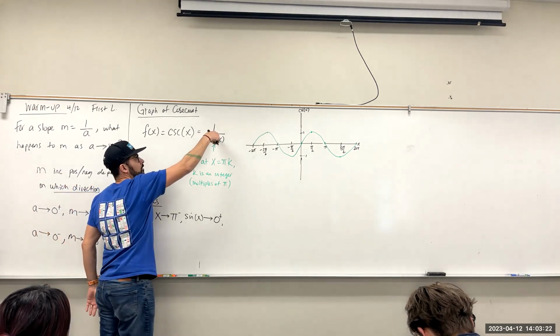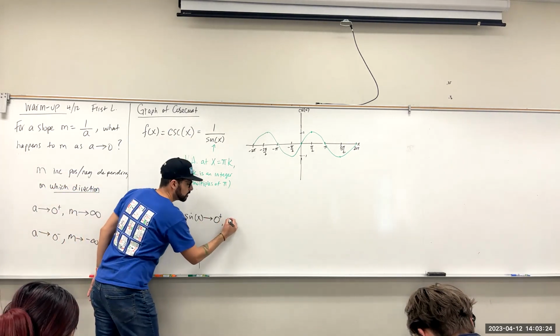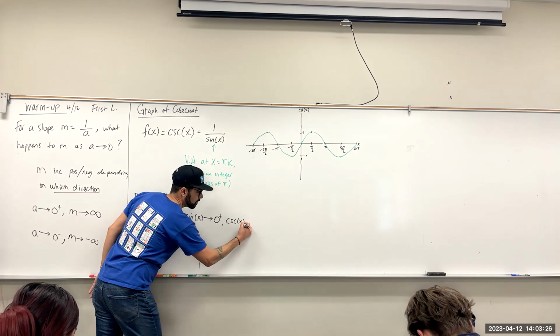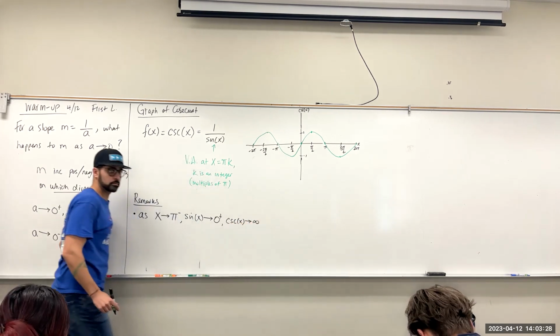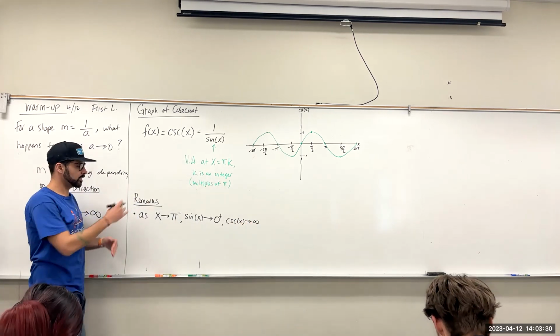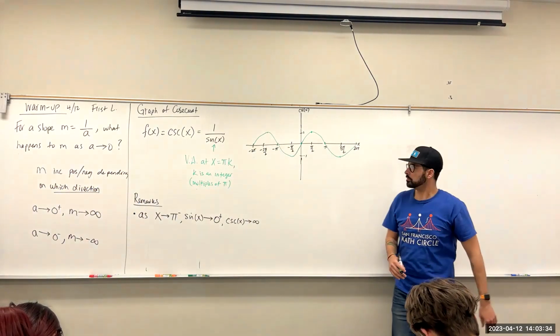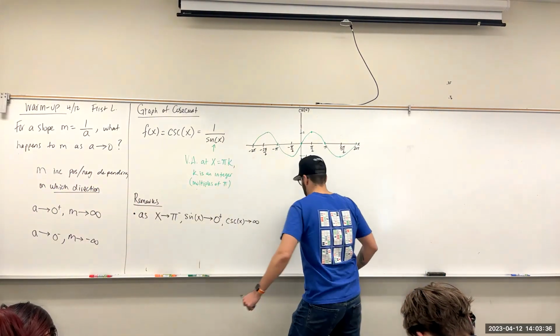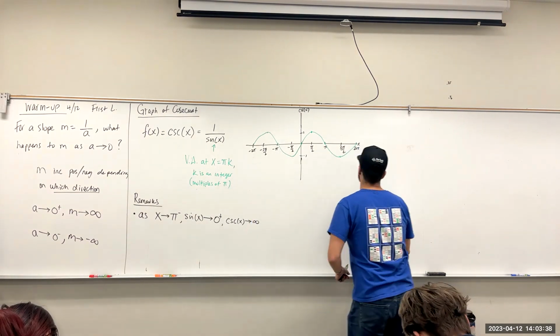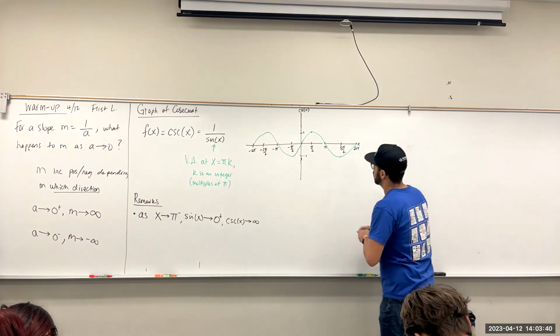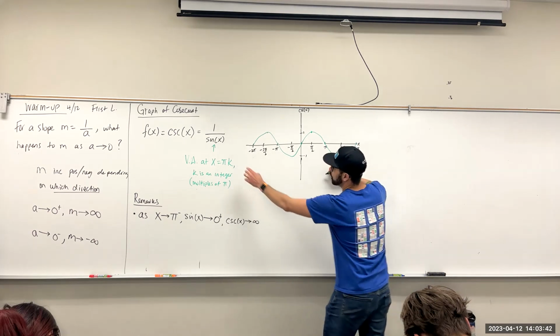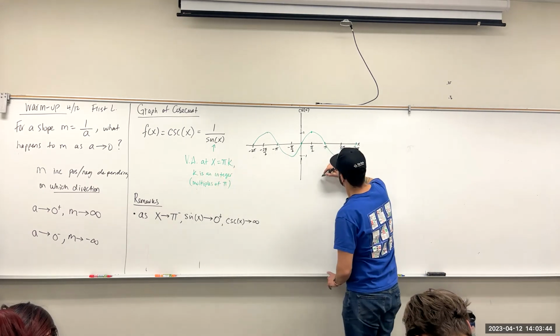So this whole thing, which is really cosecant, is going to be approaching positive infinity. So it's this chain of logic that's happening. We're going to end up with vertical asymptotes at multiples of pi.